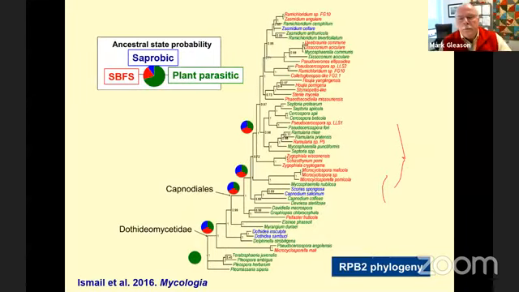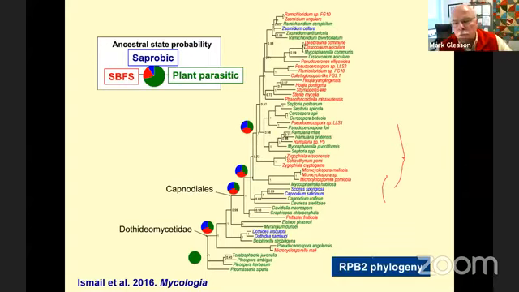Let me walk you through this phylogenetic tree, which looks complicated, but basically the principles are simple. This is based on genetic analysis, phylogenetic analysis of one gene called RPB2, which is commonly used in phylogenetic studies of fungi. Basically, we're using a technique called ancestral state reconstruction to help us sort out where the sooty blotch species came from.